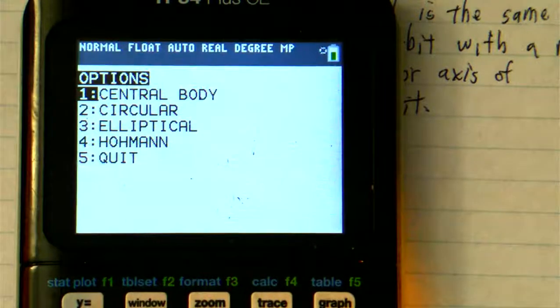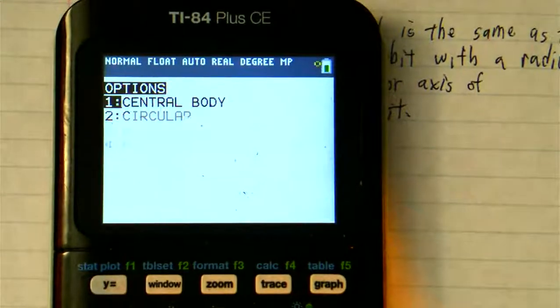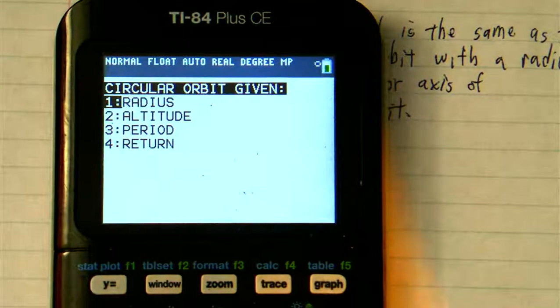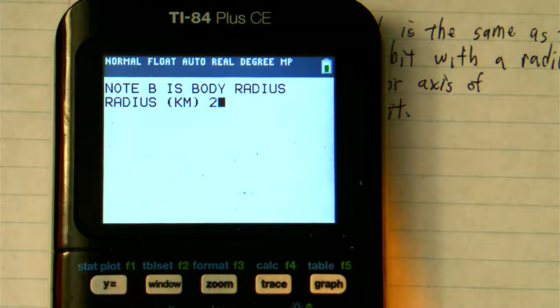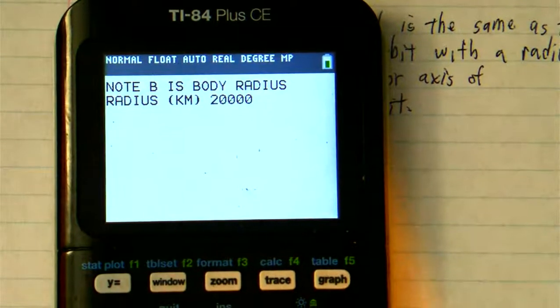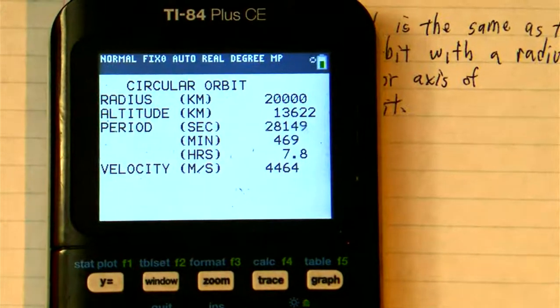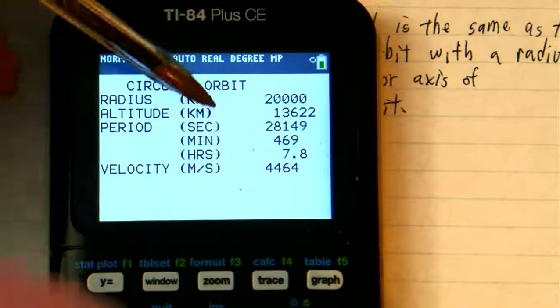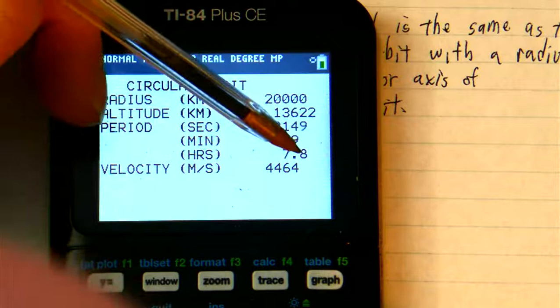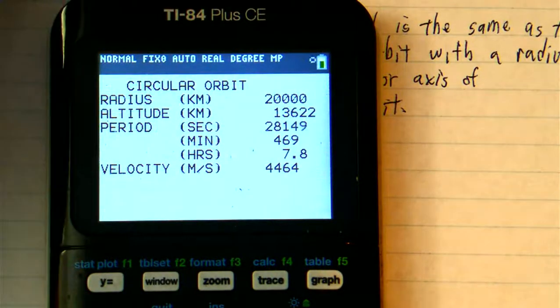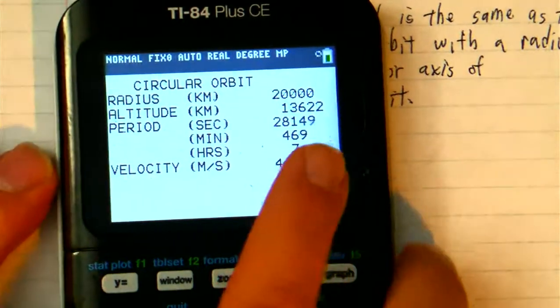Let's set the central body to be the Earth, and do a circular orbit with a radius of 20,000 kilometers. Here you can see the period would be 7.8 hours. Your speed is 4,464 meters per second. Should I write that down?